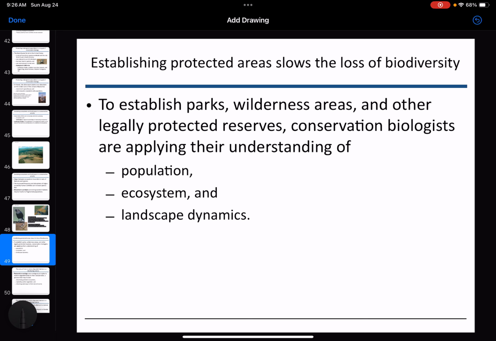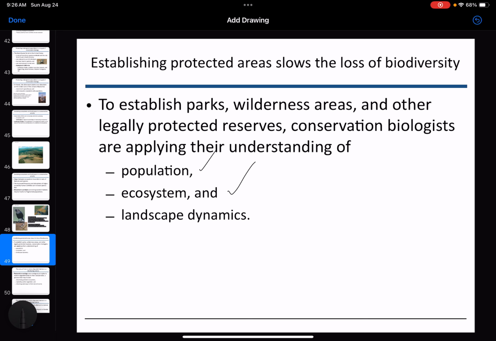Anyway, so in those parks, we apply our understanding of population ecology, how our population is responding to biotic and abiotic factors, living things and non-living things, how energy flows through those particular organisms, from plants to herbivores to carnivores and so on and so forth, right, including parasites and decomposers.